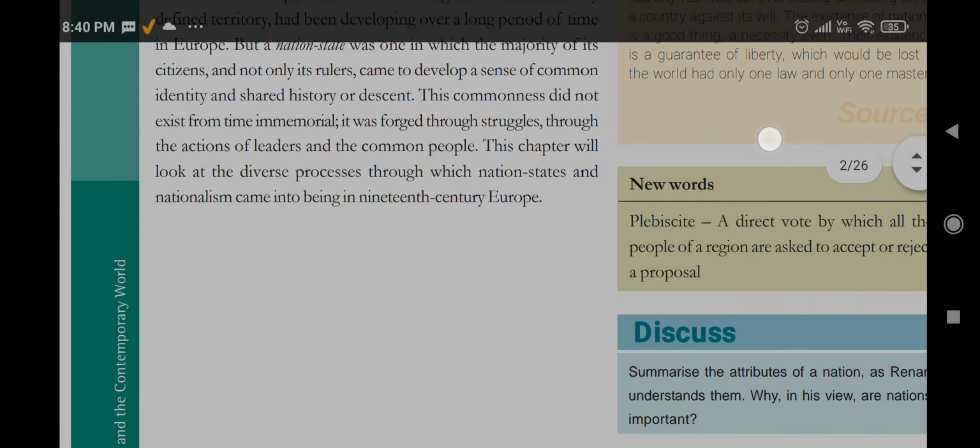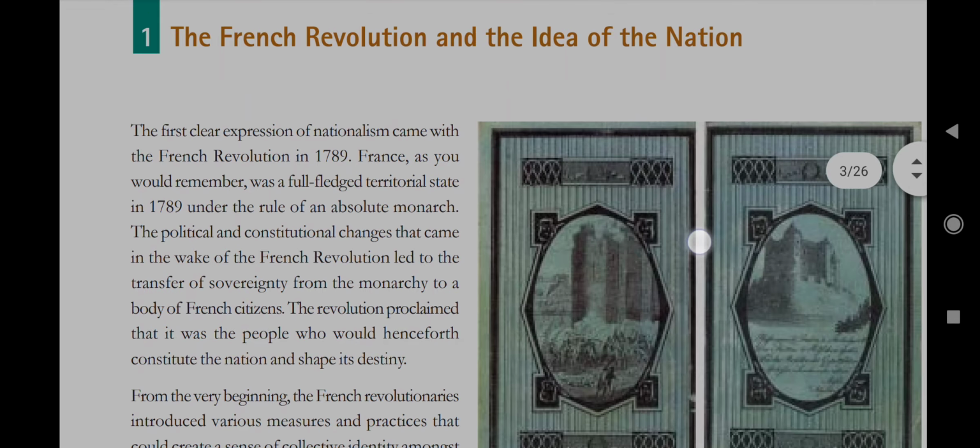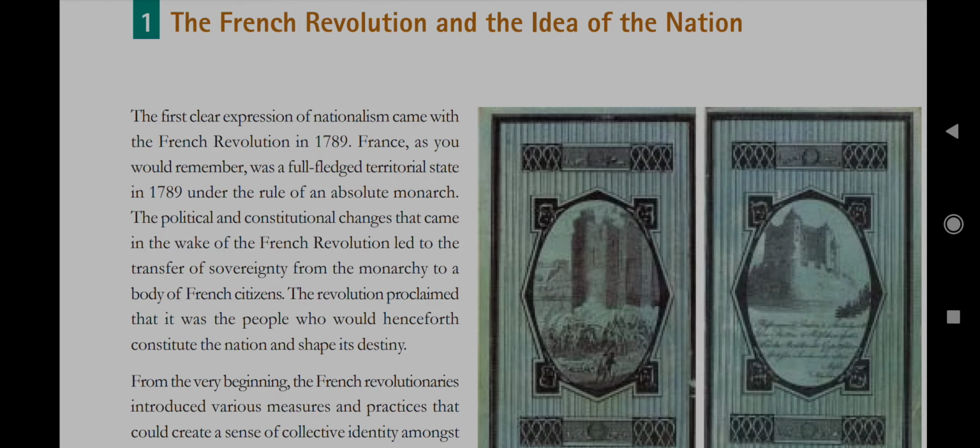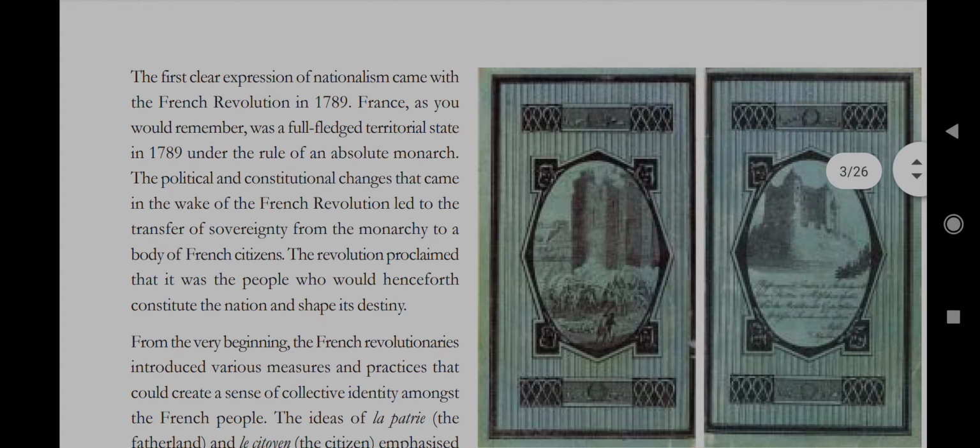Now let's talk about the French Revolution and the idea of nation. The very first idea of the nation state emerged in France only, through the French Revolution. The first clear expression of nationalism came with the French Revolution in 1789. So the first clear expression that we should have nation states was brought by the French Revolution, as you might have studied in 9th class.